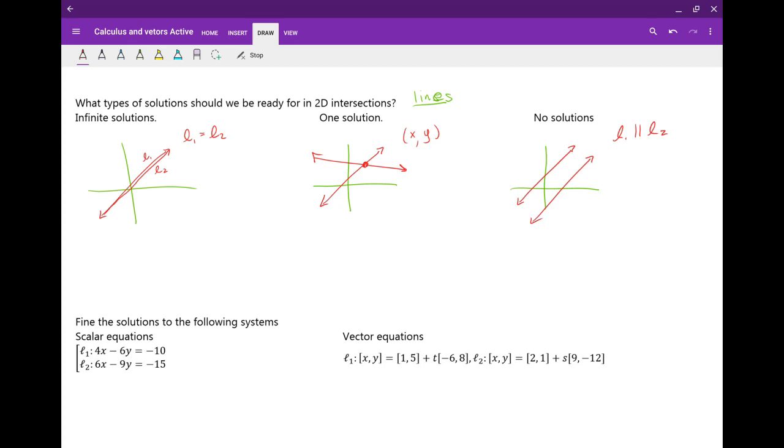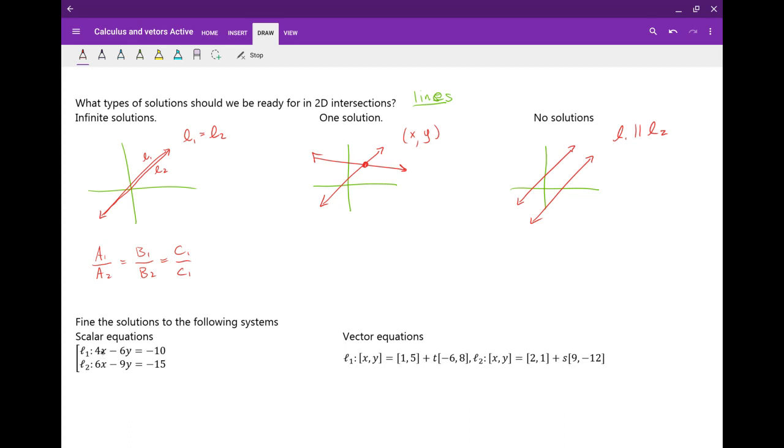And so how do you determine which of these you have? Well, if my lines are in scalar form like this, then if they're equal, the A over the A, divided by the B over the B, divided by the C over the C are all going to be equal. So A1 over A2 equals B1 over B2 and equals C1 over C2.